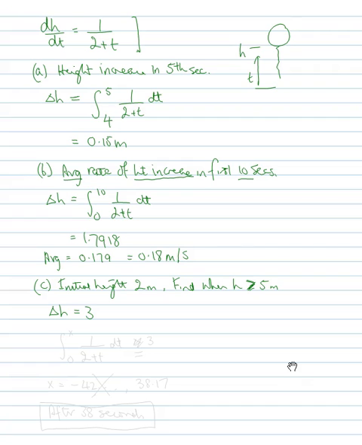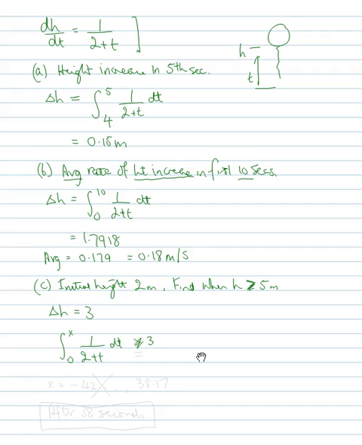So we've still got the same integral, from 0 to whatever, let's call it x, of 1 over 2 plus t dt, and we want to find when that's greater than 3 meters, because 3 meters is from 2 to 5.